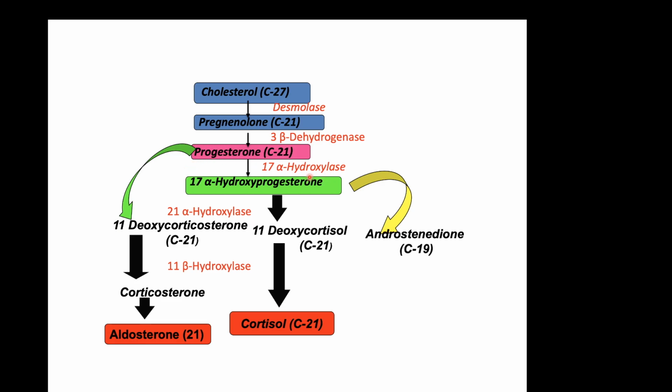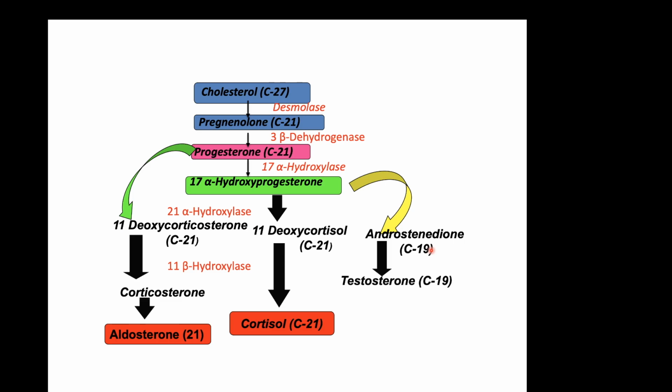In the first reaction, there will be a cleavage reaction. Two carbons will be cleaved out to make androstenedione, and then a keto reduction will take place and it is converted into testosterone.